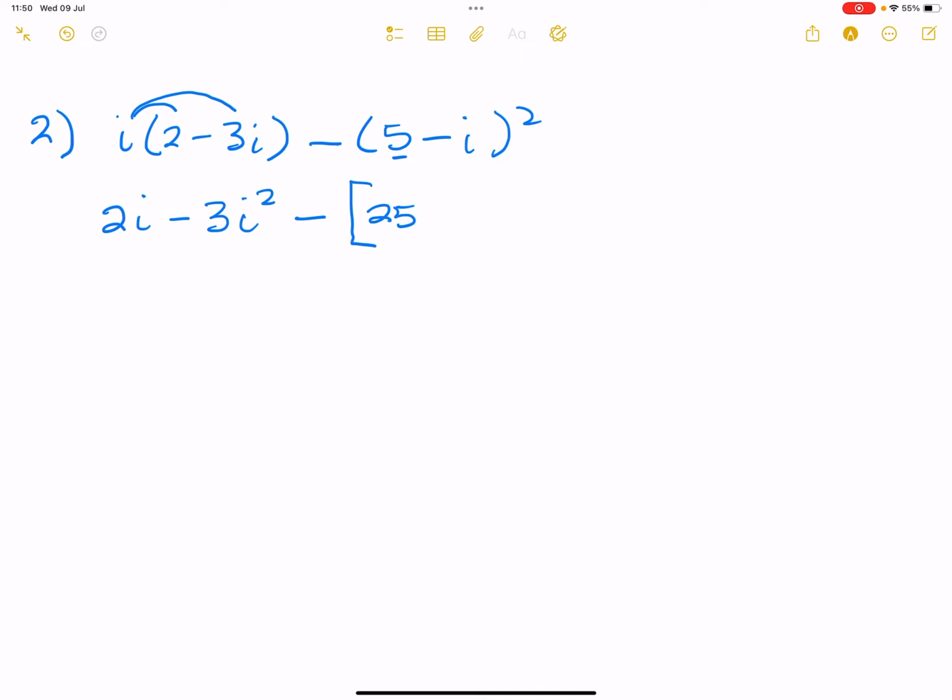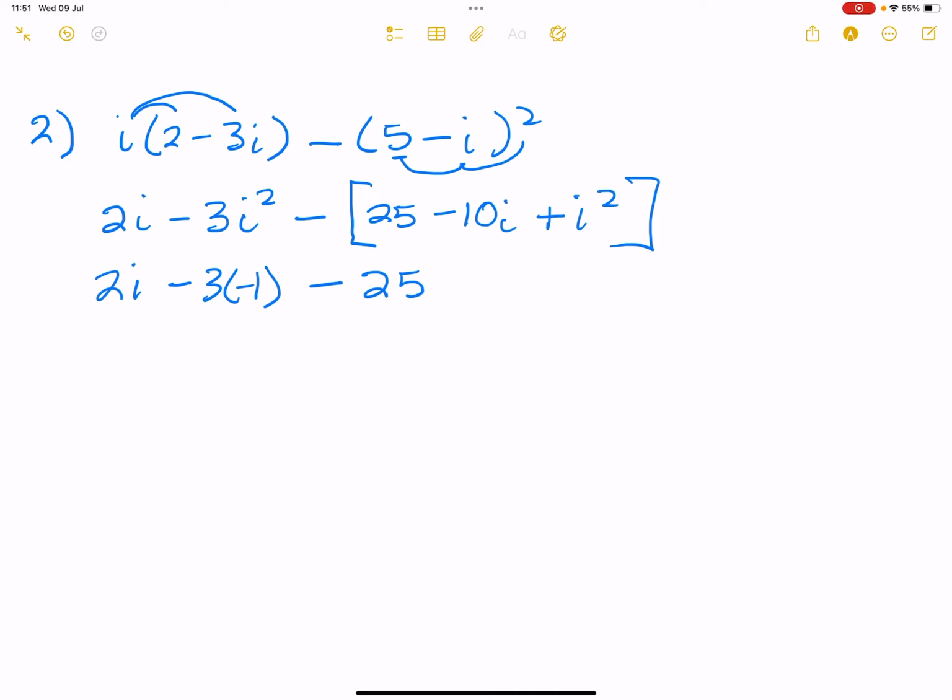Then 5 times negative i, negative 5 times 2, remember for the middle term, that's negative 10i, and this is plus i squared. So we've got 2i, minus 3 times negative 1.